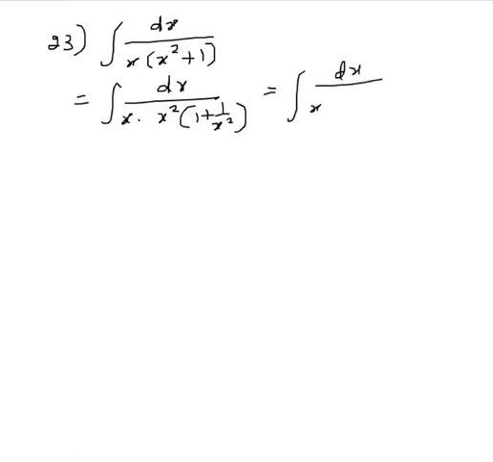We get dx by x cube into 1 plus 1 by x square, and differential of 1 by x square gives you 1 by x cube term. Let us substitute this bracket as t. Differentiate.